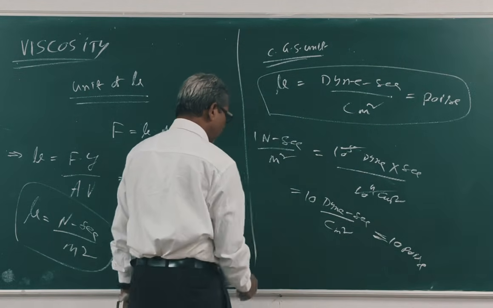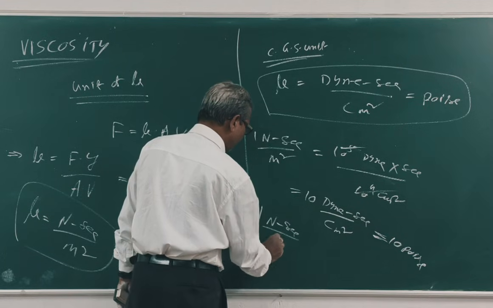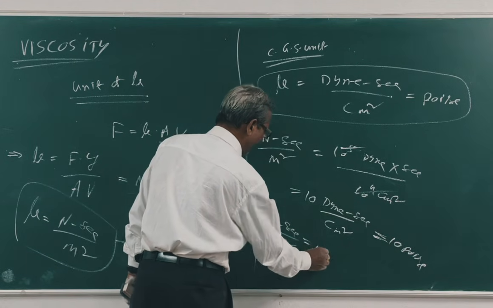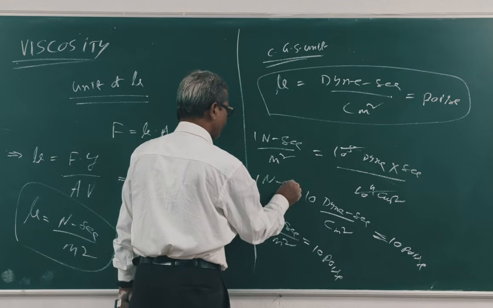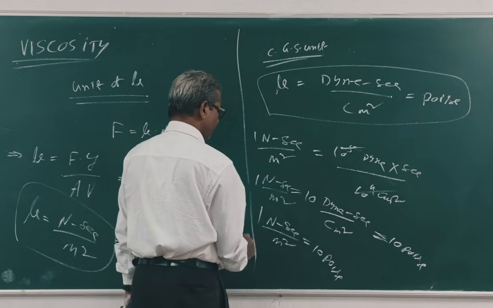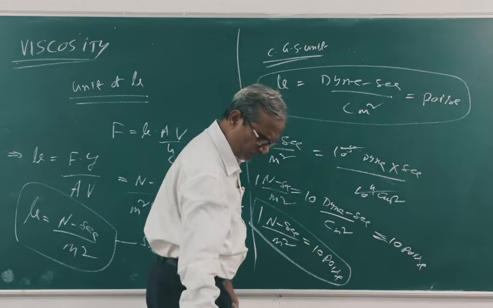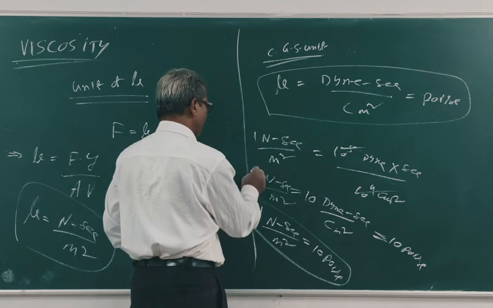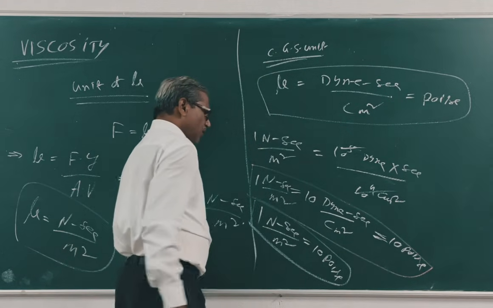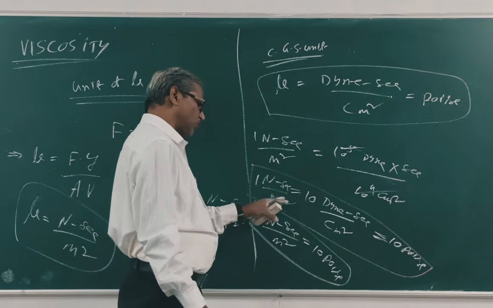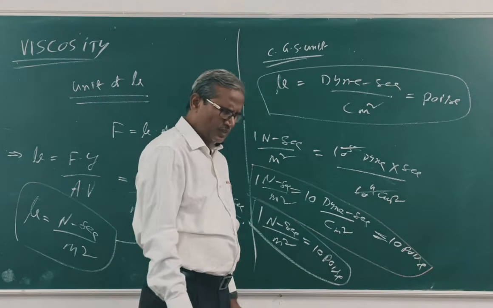So 1 Newton second per meter square is equal to 10 poise. Right? This is about the viscosity of fluid. Clear?